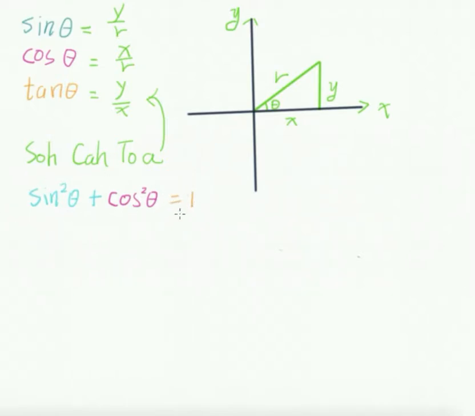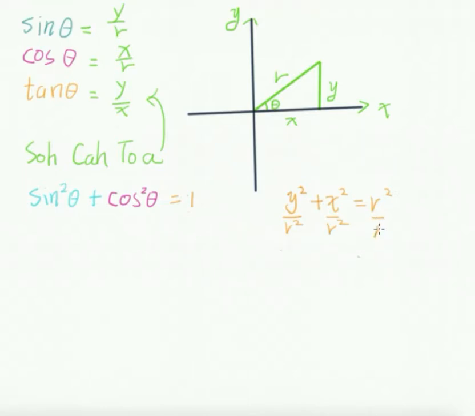And if you don't believe this, we can prove it by saying that y squared plus x squared equals r squared. And this is the same if you just divide everything by r squared.